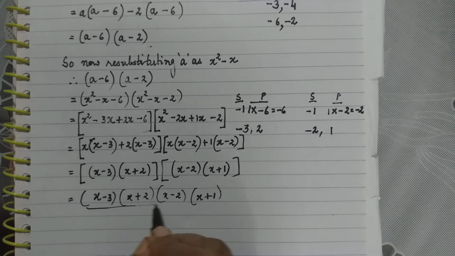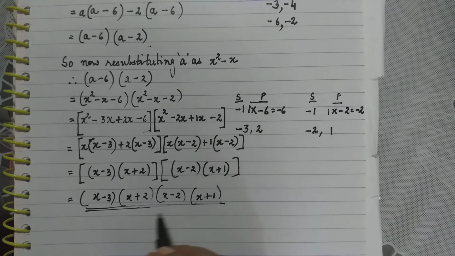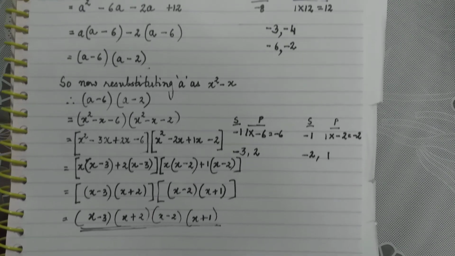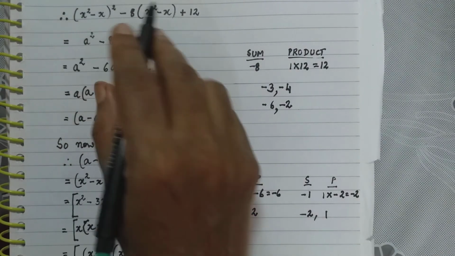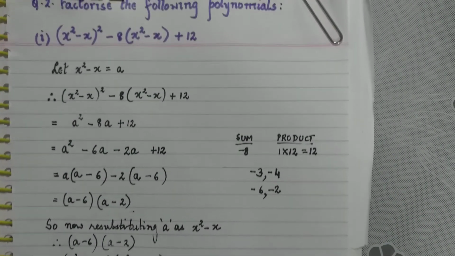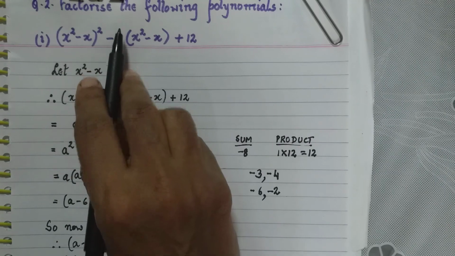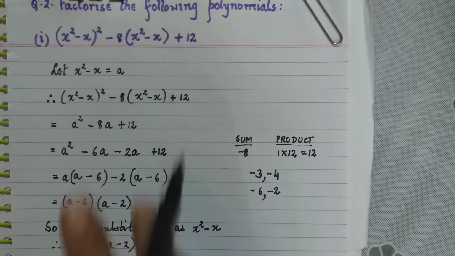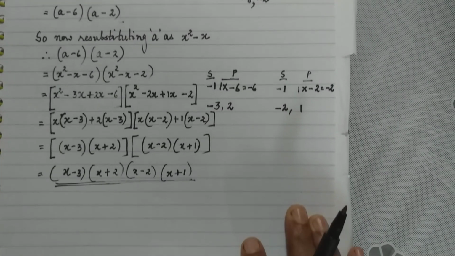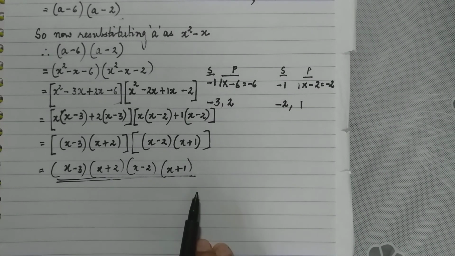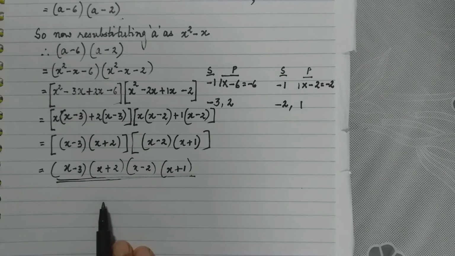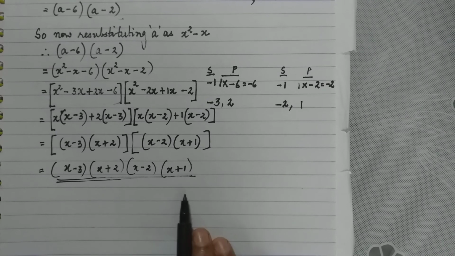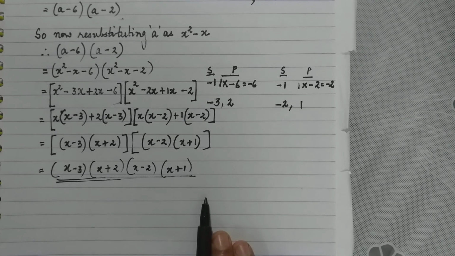So here we have now 4 factors of the polynomial which was given to us. That is, x square minus x the whole square minus 8 into x square minus x plus 12. So the 4 factors, factorizing means getting the factors of them, are x minus 3, x plus 2, x minus 2 and x plus 1.